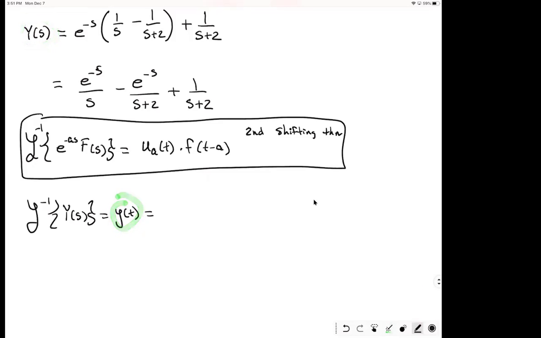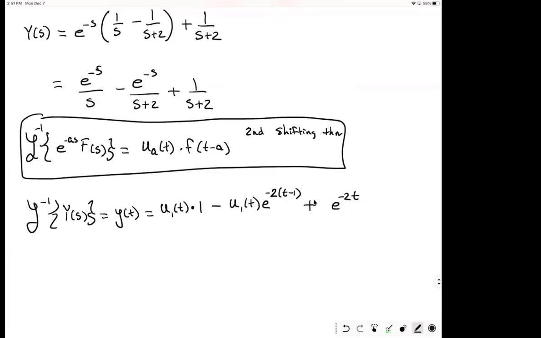That is equal to u sub 1 of t times 1, and then minus u sub 1 of t times e to the minus 2 times t minus 1. And then the last one's easy. That's just reading from the chart. That would be e to the minus 2t.